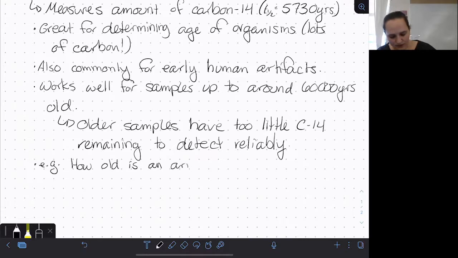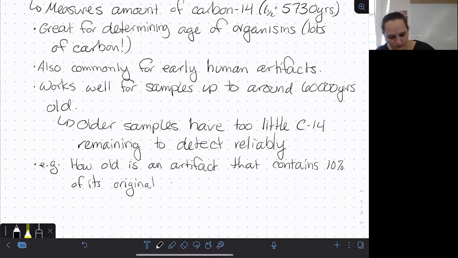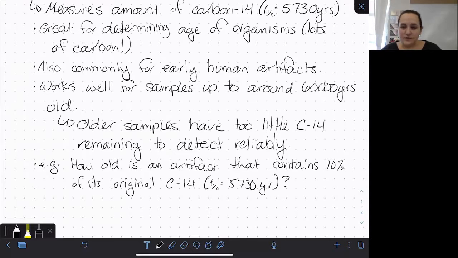So we can look at: how old is an artifact that contains 10% of its original carbon-14? Again, that half-life is 5,730 years. Take a minute, pause here, and try this one on your own. It's using exactly the same equations that we used yesterday, just solving for t.